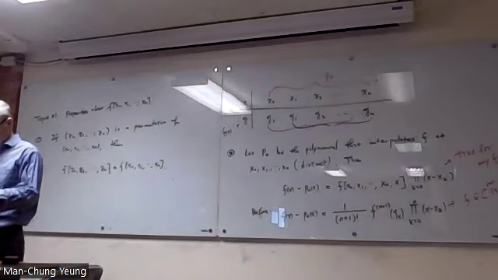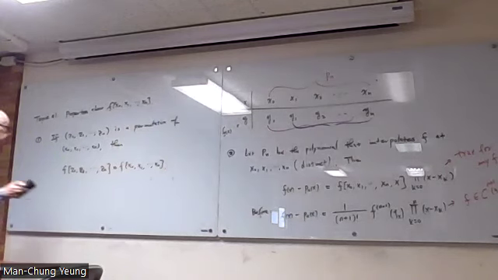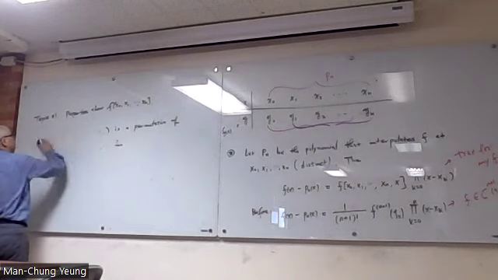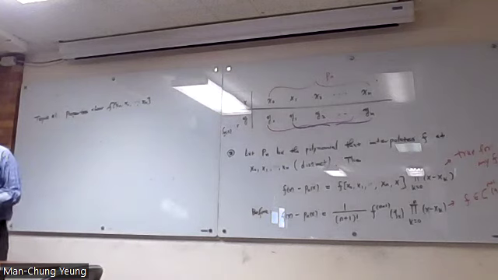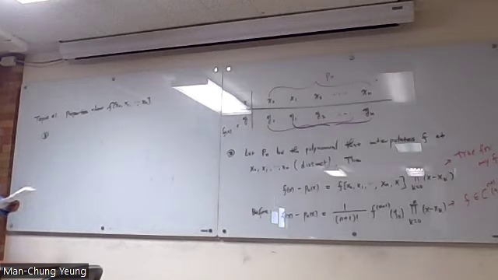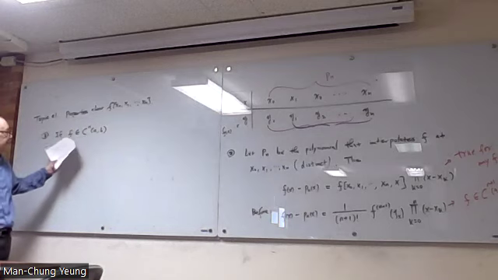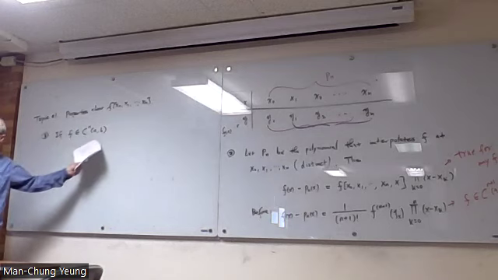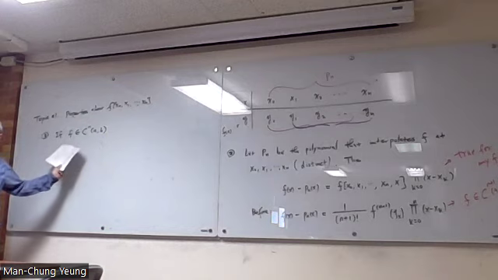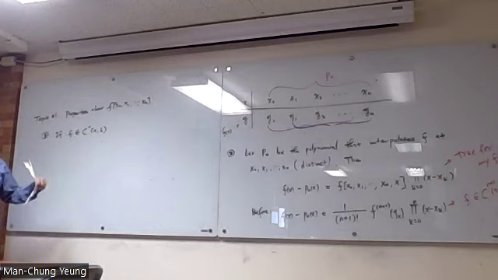Property number 3. If function f is in this set, this notation means first that f is defined on the open interval (a, b), and has derivatives up to order n, and all derivatives are continuous.